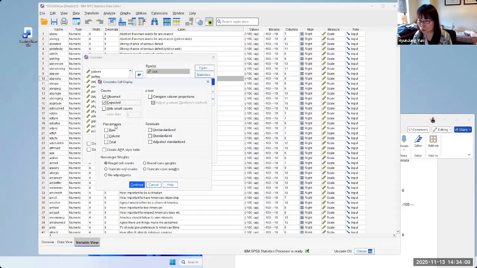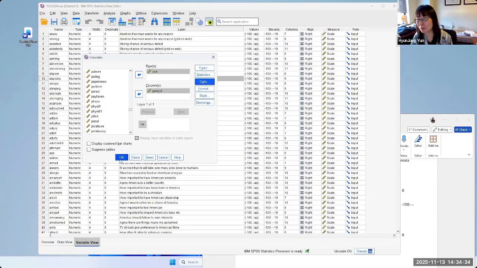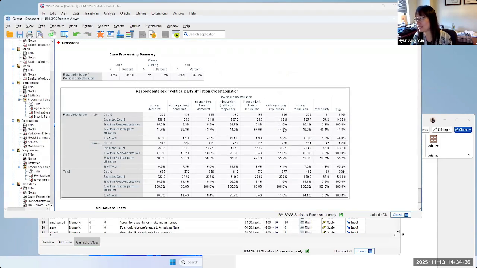What you can use to provide some sort of pattern is usually percentage. And usually what you need will be the row percentage, but sometimes it's useful to report the column percentage as well. Once we have that, you will see what I'm talking about here. So continue, and then it goes back to the main pop-up window, and then let's select that.